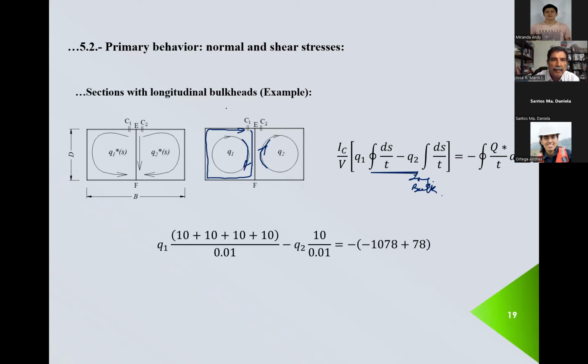So this is 10 meters, this is 10 meters, and this is 10 meters. So we go 10, 10, 10, and 10. In this case, the 1 centimeter thickness is constant over the whole section. And minus 10 over 10 of 1, which would be this integration for Q2. And this is the integration in here.